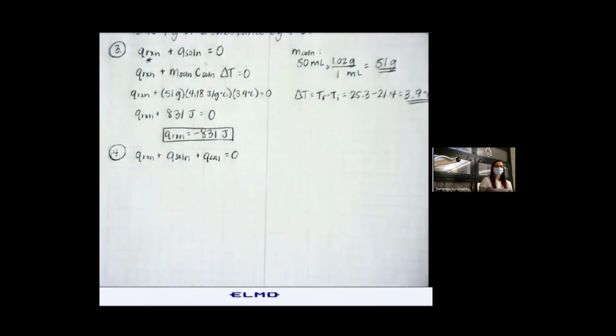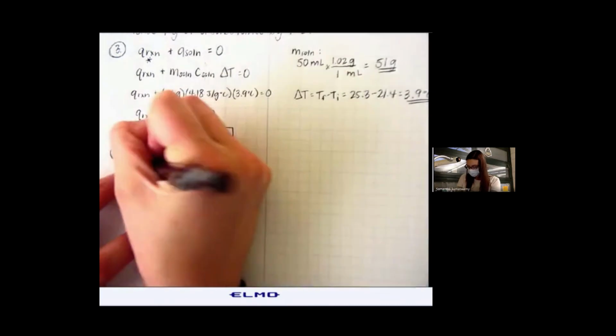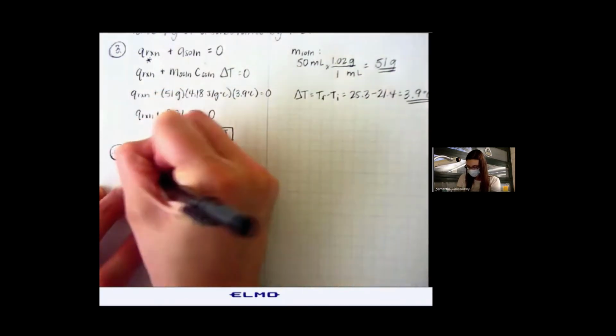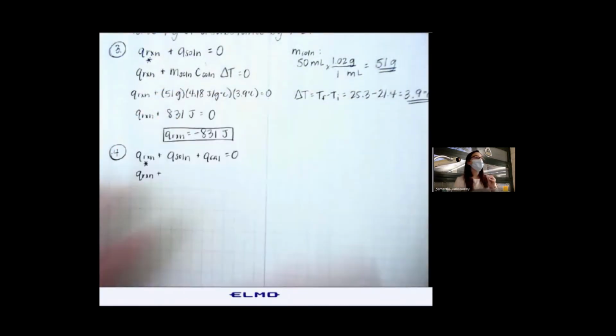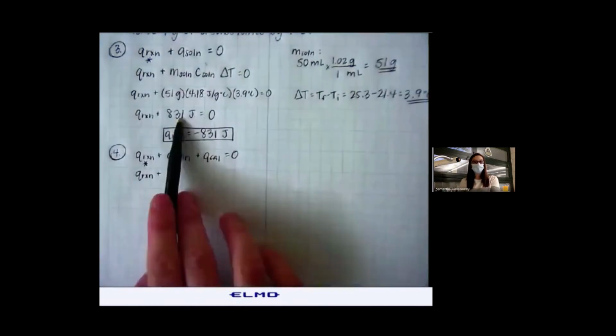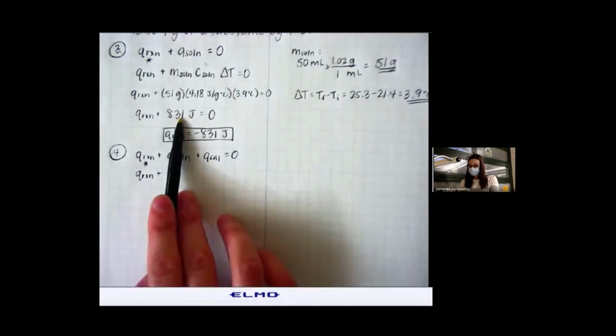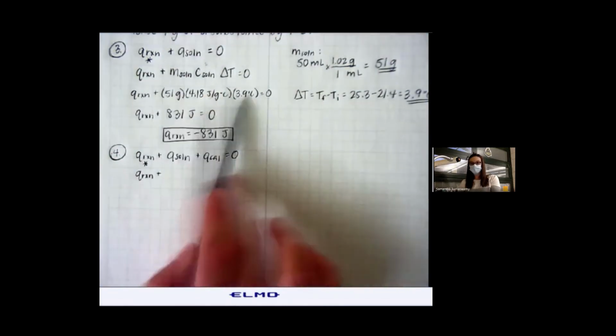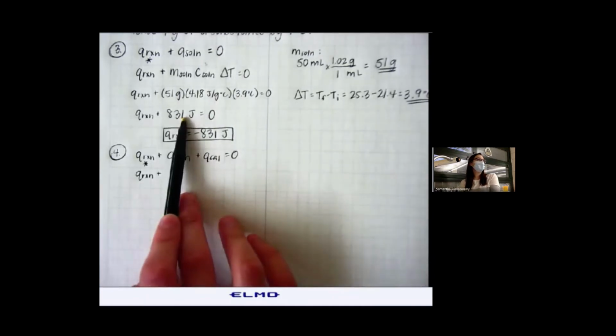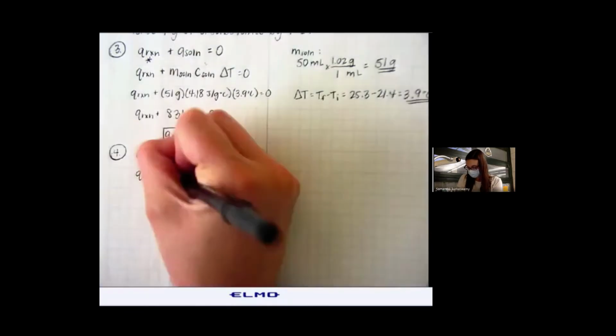Now we look at this and we're like, oh man, we're going to have to do all that work again. But we actually aren't. We know that, again, we're solving for Q reaction. We just calculated Q solution right here. We did MC delta T of the solution. We know what that answer is. MC delta T of the solution is 831 joules.